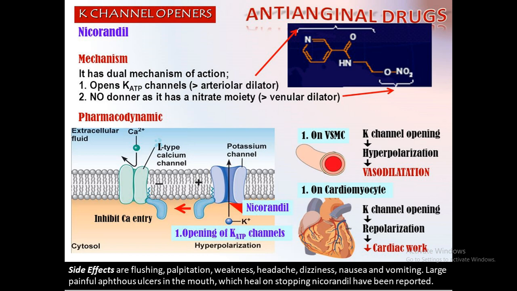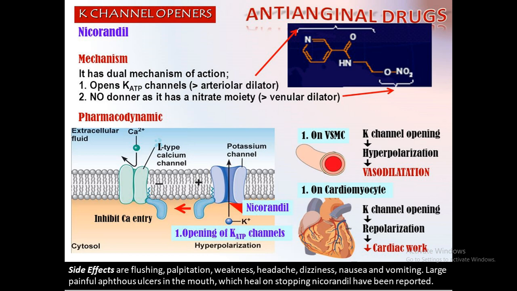So here you can see that the opening of the potassium ATP channel leads to the hyperpolarization of vascular smooth muscle cell, which leads to the vasodilation. On cardiomyocyte, it causes the repolarization and decreases the cardiac work.